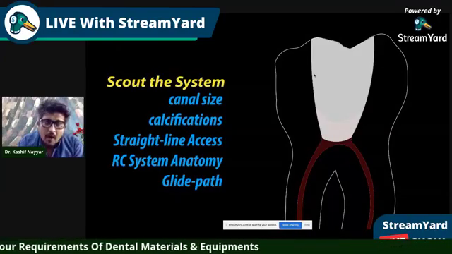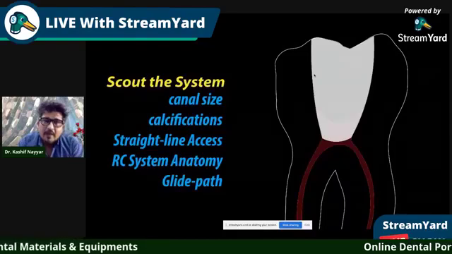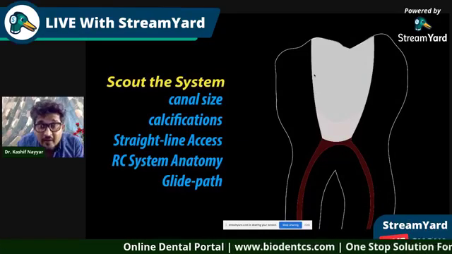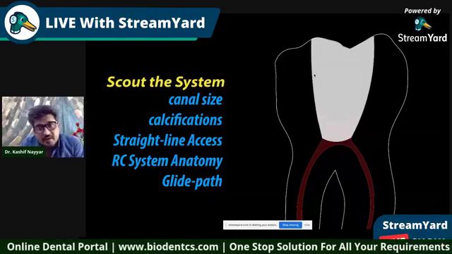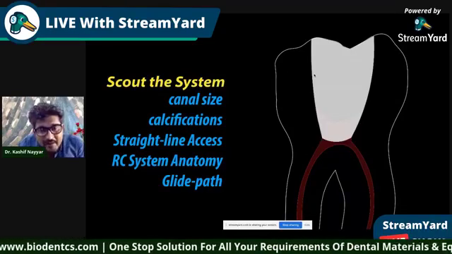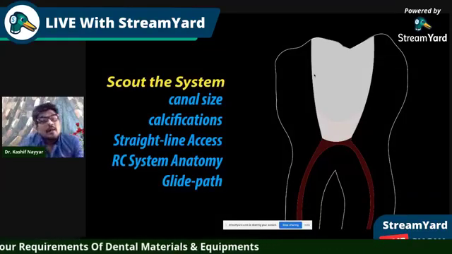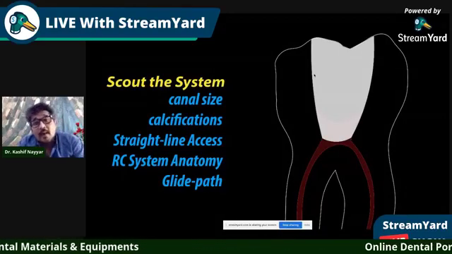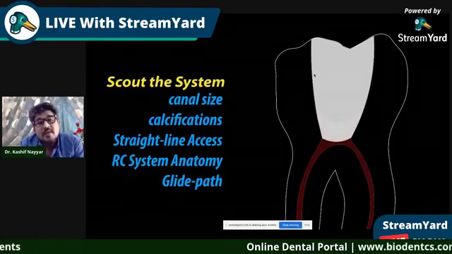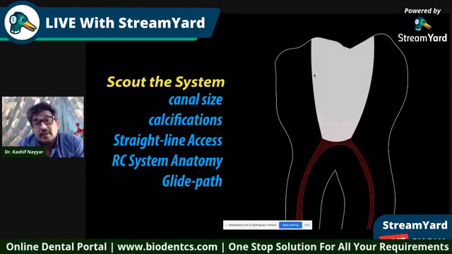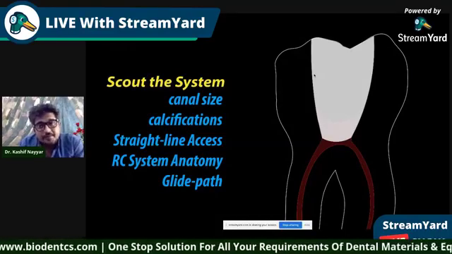We also have to determine if there are any calcifications in the pulp chamber, or if the handle of the file is tilted, deflected by the dentinal shelf. Do we need any straight line access? The knowledge of root canal system anatomy is important in order to achieve a reproducible glide path, and we will see that.